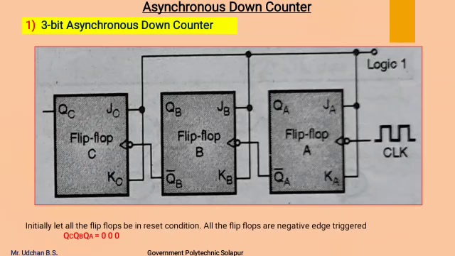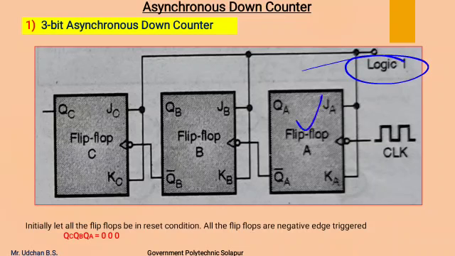This is the diagram for a 3-bit asynchronous down counter, in which 3 JK flip-flops are used, and the JK terminals of all the flip-flops are connected to logic 1.